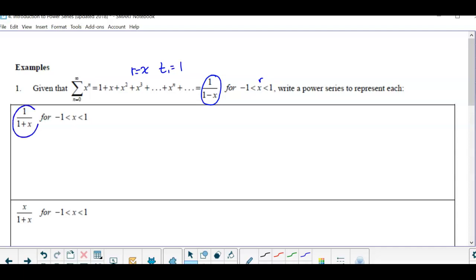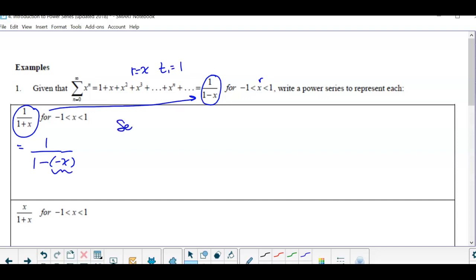If we have this, it's very similar, except x is the opposite sign. So all we have to do is replace. So here, this is equal to 1 over 1 minus -x. So that means we just need to replace the x in our original with -x.